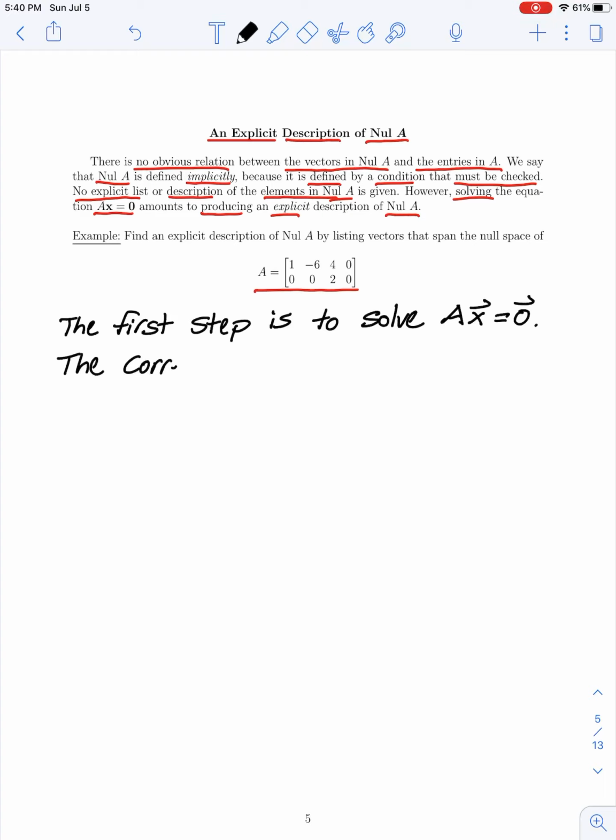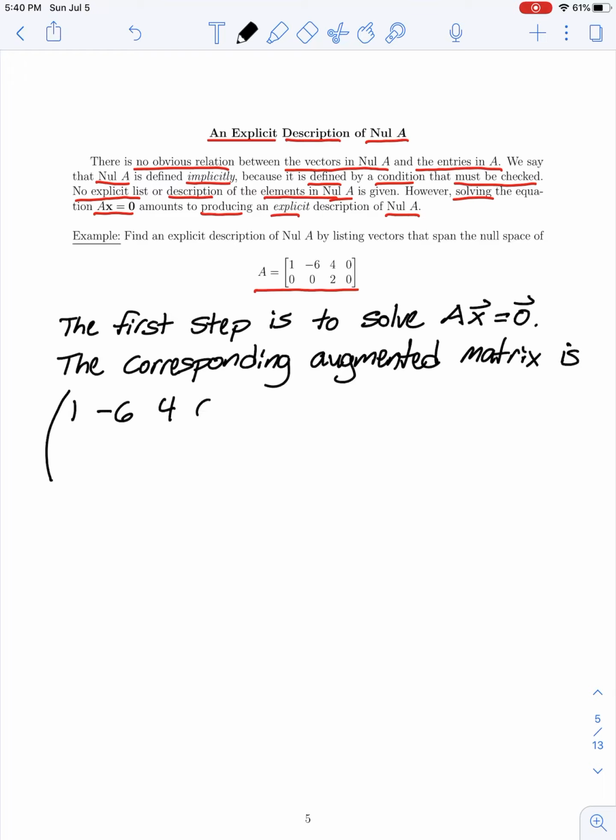The corresponding augmented matrix is the following. The first row of A was 1, -6, 4, 0. Our second row was 0, 0, 2, 0. And we're augmenting this with the 0 vector since we're talking about a homogeneous system. So we can perform row reduction on this matrix to find our solution set.